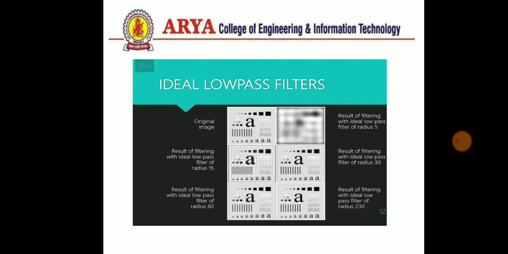In the next, the radius value is 5, which is too small, so we can see the difference. In the next figure the radius is 30, and in the last figure the radius value is 230. In different parts of the image we can see the difference very clearly. If the filter mask has a very low radius value, it will filter out only a very little portion of the image, and the filtered data will not be clearly visible.